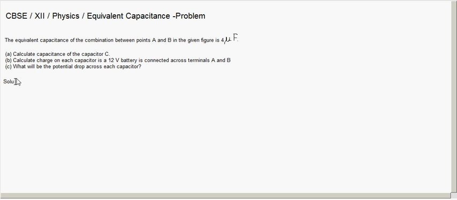I'll give you the figure first. The equivalent capacitance of the combination between points A and B in the figure is 4 microfarad. So the figure is, I'll draw it here. We have two capacitors.